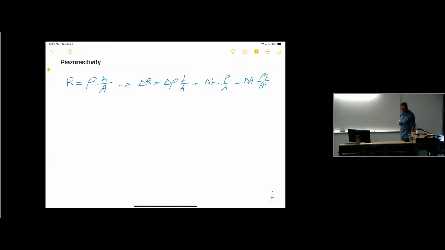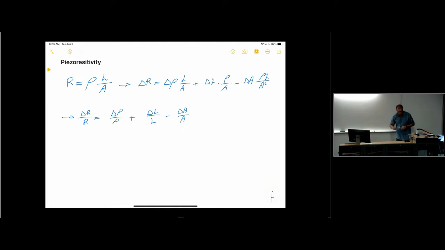Okay? And now if I normalize this by R, I will get this relationship. So the first term becomes delta rho over rho, the second term becomes delta L over L, and the third term becomes delta A over A. Okay?